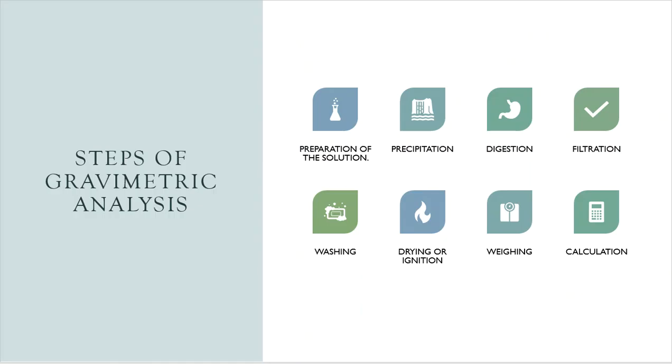All right, so an overview of the gravimetric analysis procedure. One, we're going to prep a solution. That's what we have right here. After we prep that solution and dissolve everything, we're then going to target our analyte, and we're going to precipitate that analyte out. Next, we're going to digest, which means to heat it up a little bit.